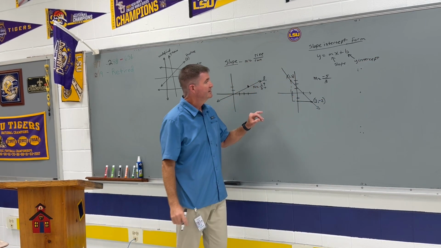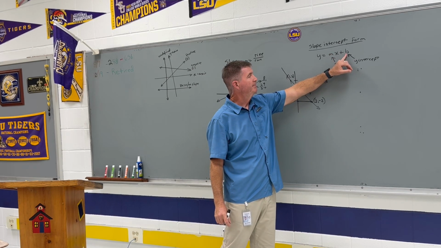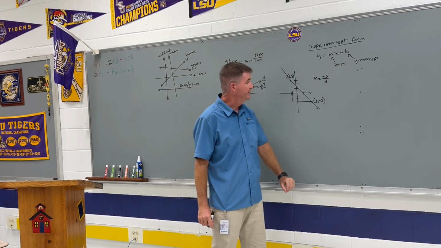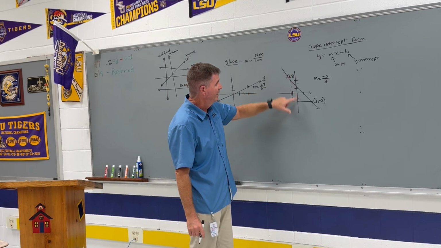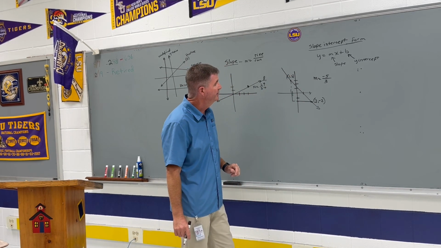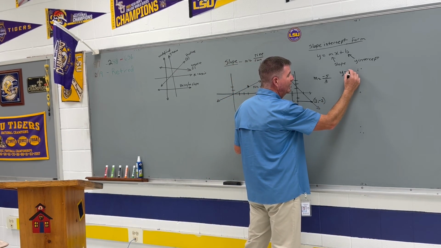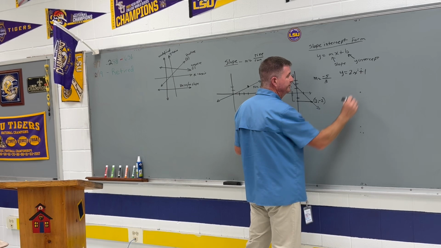So we have a slope as whatever number is in front of the x, and then b by itself is the y-intercept, which means where it's going to cross the y-axis. So this here will give us a slope and an intercept. An example would be y equals 2x plus 1.